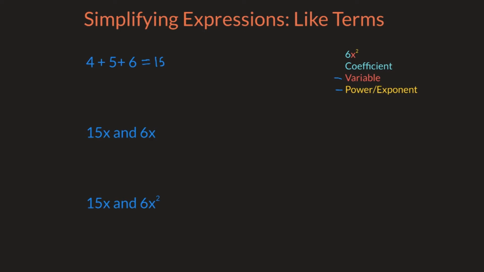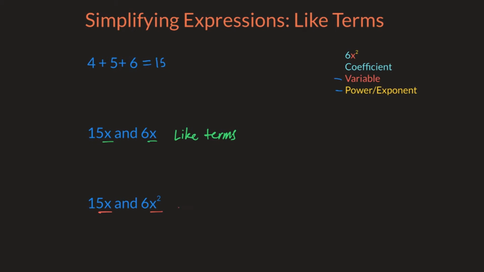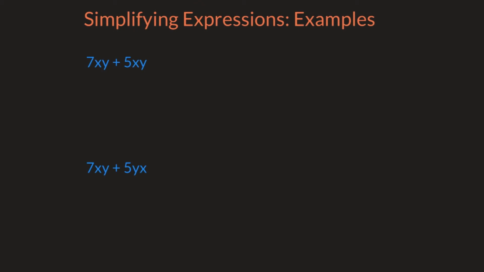For example, 15x and 6x are like terms, so we can add or subtract them, but 15x and 6x squared are not like terms, because the variables are taken to different powers. It works the same if you have multiple identical variables among terms.